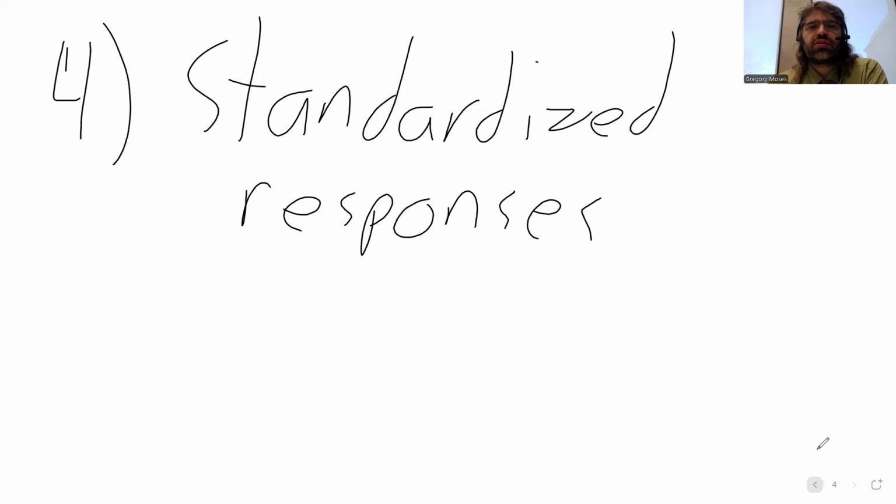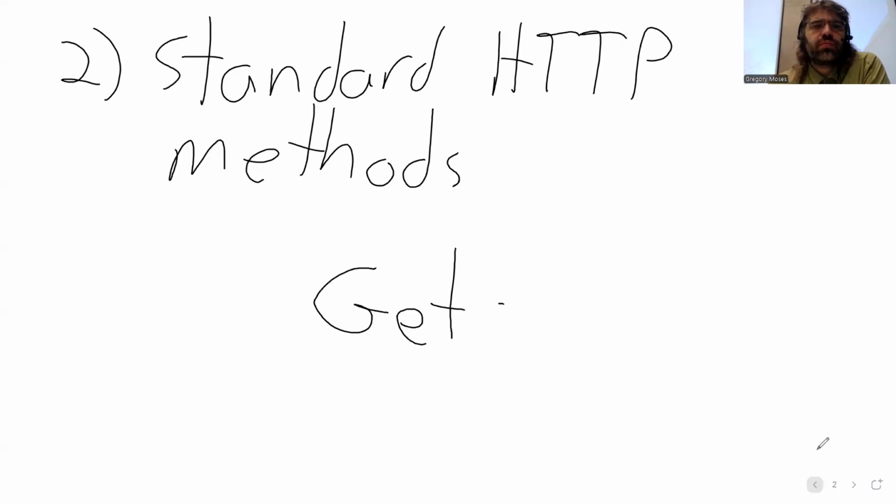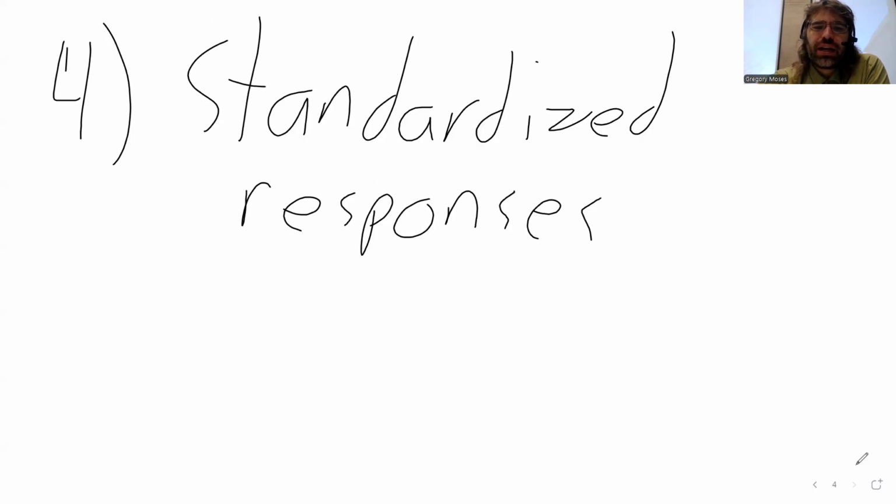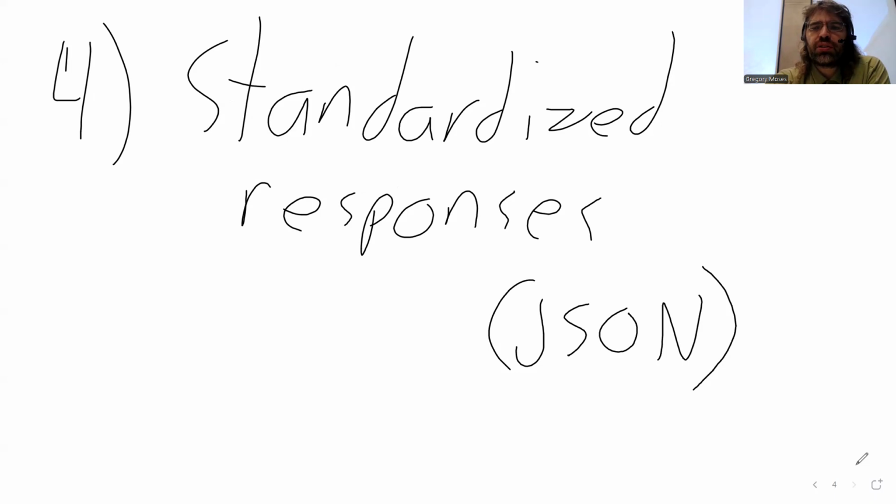Standardized responses. So we always ask our question in the same way using get, and we always get our answer in the same way. And this has changed, but in 2025, that is going to mean a JSON format.